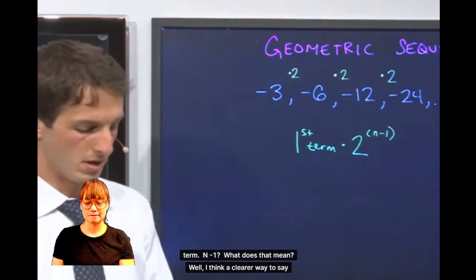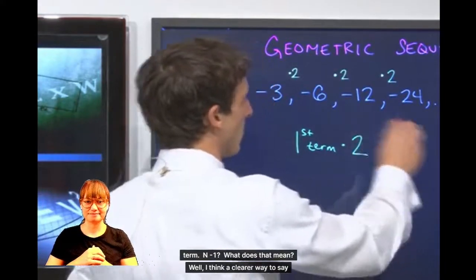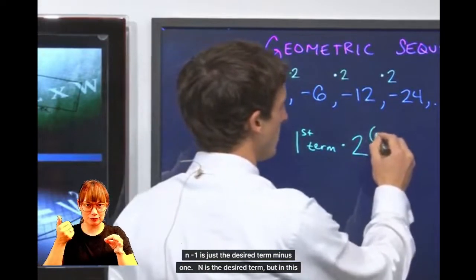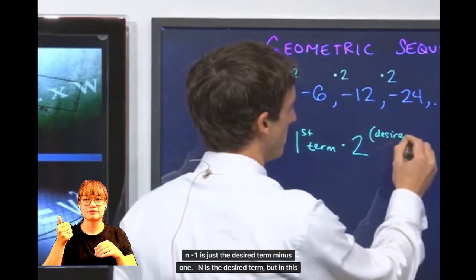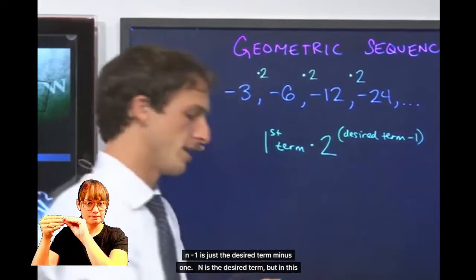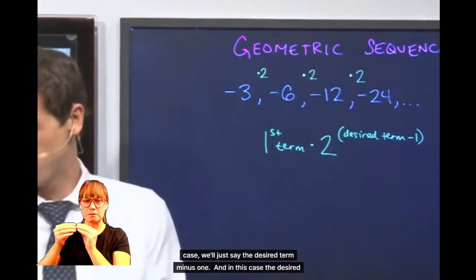N minus 1, what does that mean? Well, I think a clearer way to say n minus 1 is just the desired term minus 1. N is our desired term, but in this case, we'll just say the desired term minus 1.